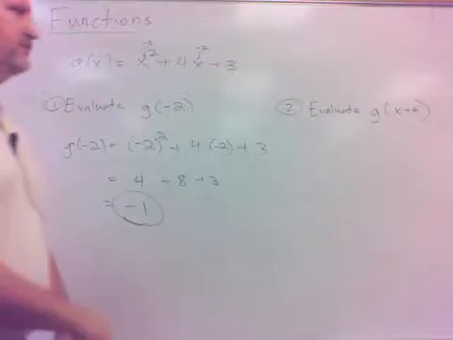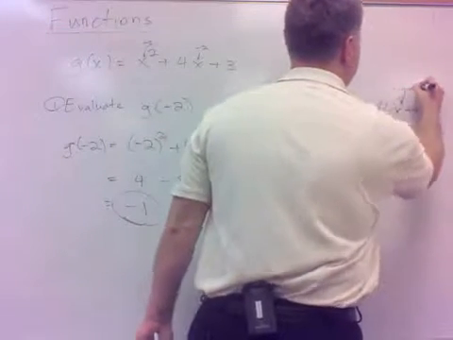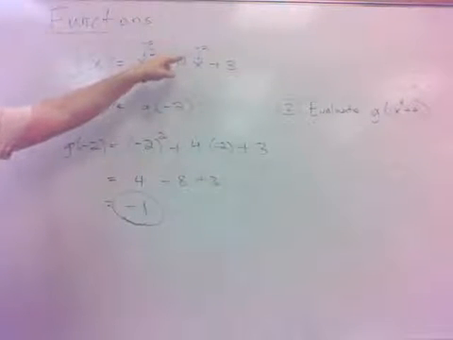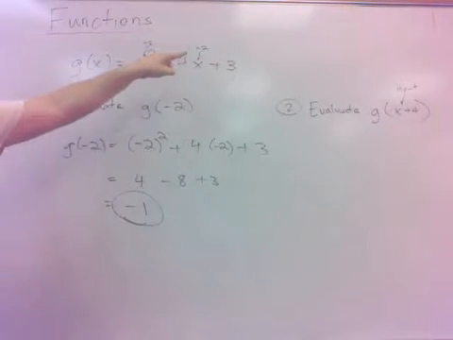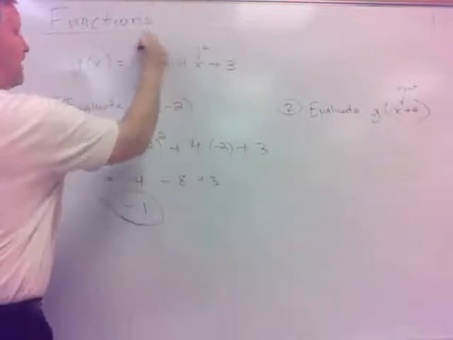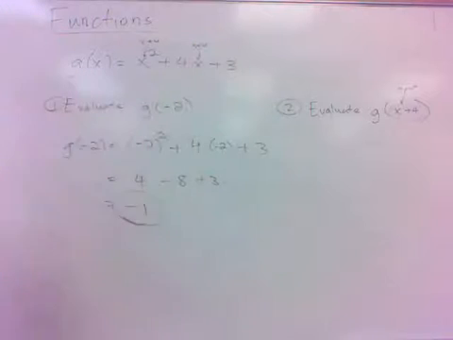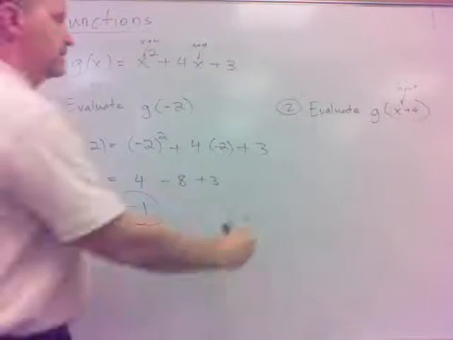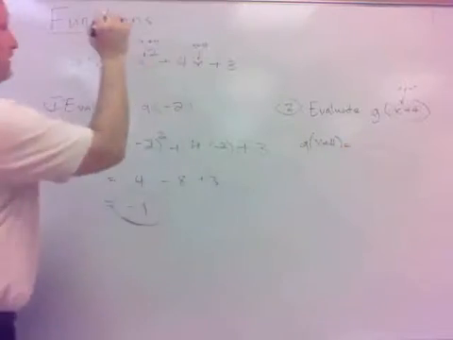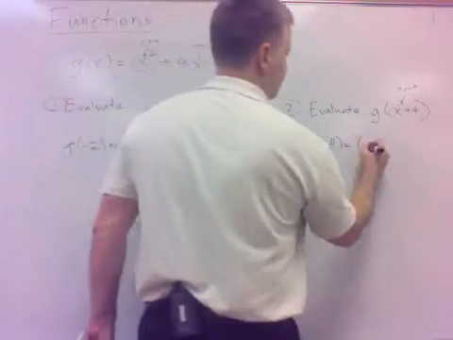What's my input value on this one? The input value here is x plus 4. So just like over here, I inputted negative 2 in each place, now I input instead an expression, x plus 4. So wherever x is, I'm going to input x plus 4 instead of negative 2. So g of x plus 4 means I'm going to input x plus 4 for x, so that's going to be x plus 4 squared, isn't it?